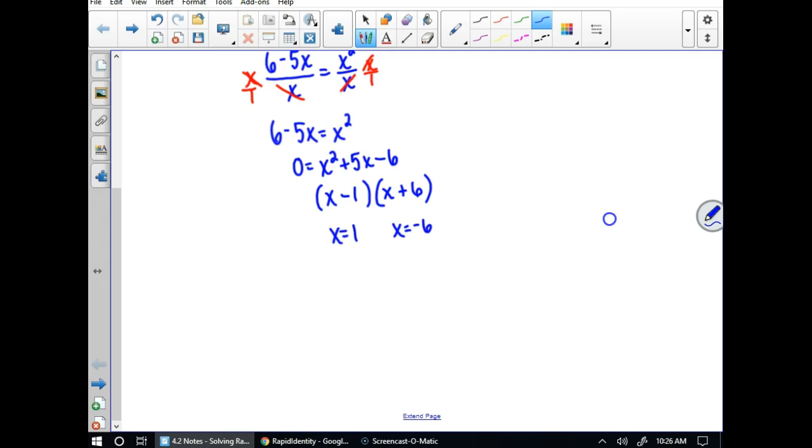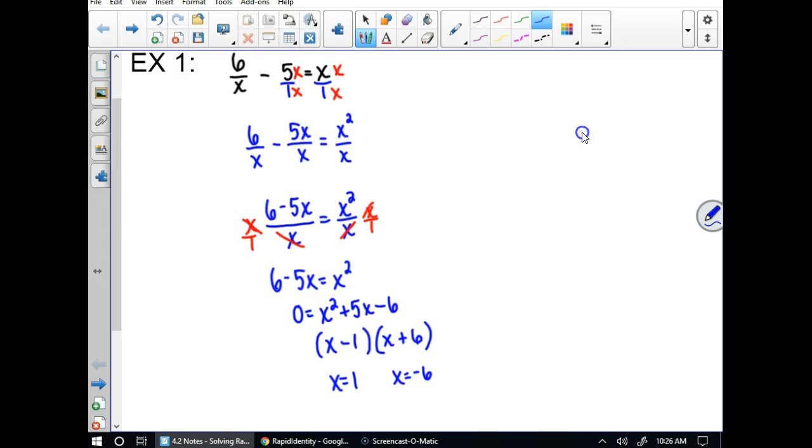Now, with these problems, you do have to check your answers, but not to the extent that you did with the square root problems. What you have to check for on these problems is that we cannot have an x in the denominator of a fraction.